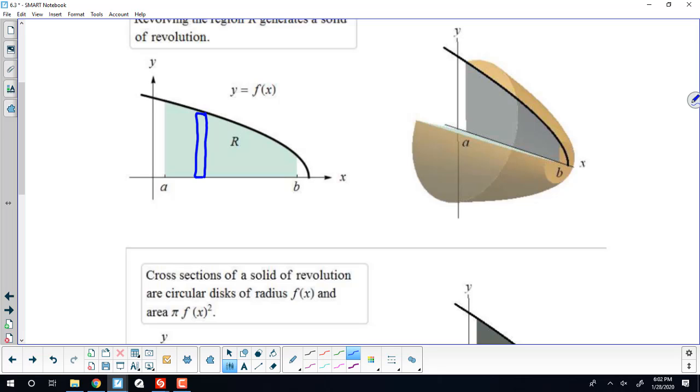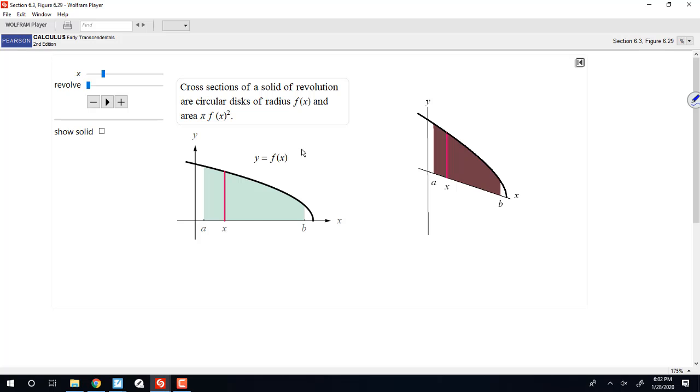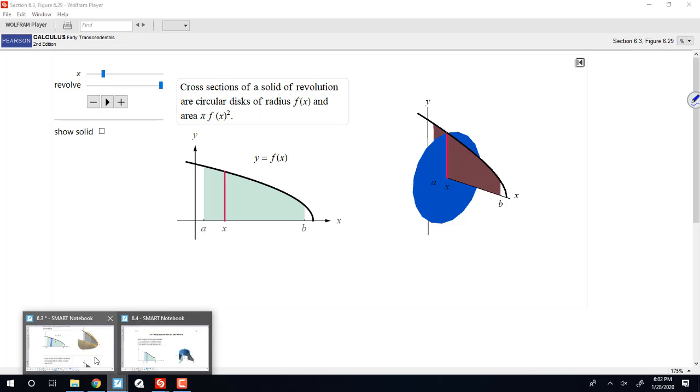Does that make sense? Hopefully you can visualize this in your head. When we slice perpendicular to the axis of revolution and revolve that around, what we generate is a disk, or a circle. They just call it a disk for now. So that's where the formula comes from.